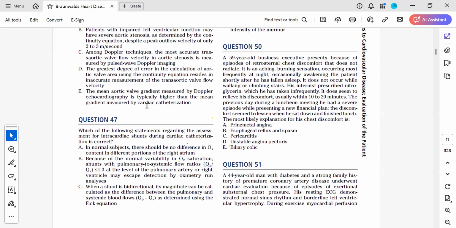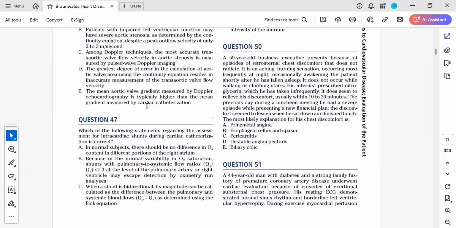Which of the following statements regarding the assessment of intracardiac shunts during cardiac catheterization is correct? This has also been discussed. Briefly, in cardiac catheterization we want to know the QP/QS. P is the pulmonary system, S is the systemic circulation.